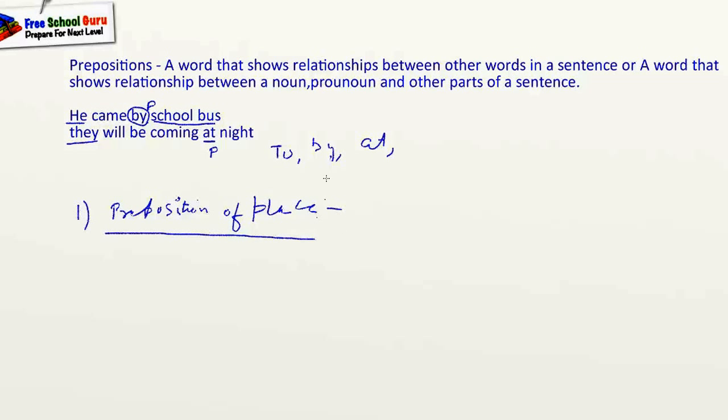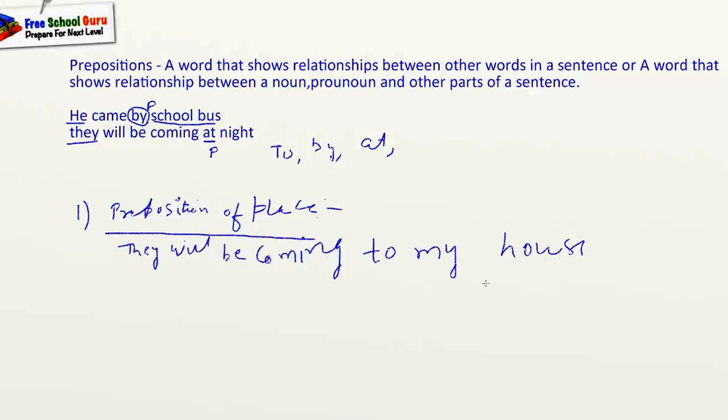So if I say they will be coming to my house, when I say that, I am saying preposition of place here is to my house.